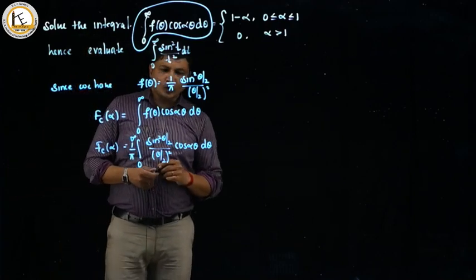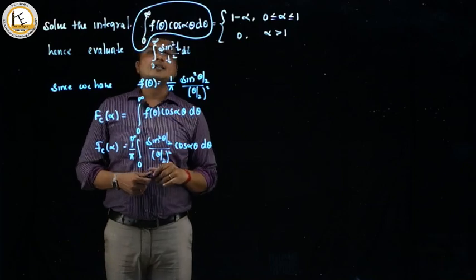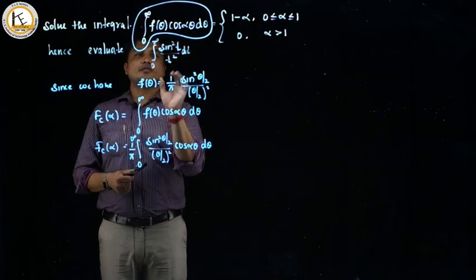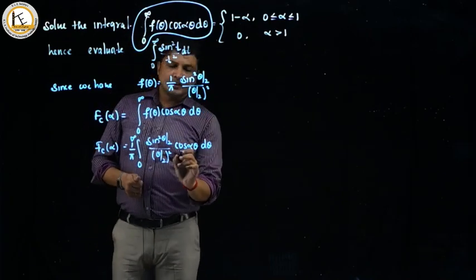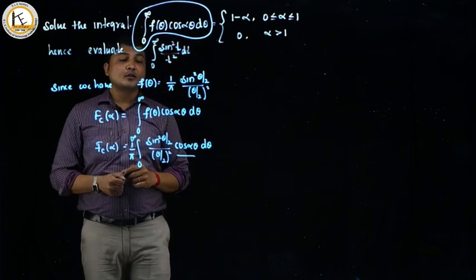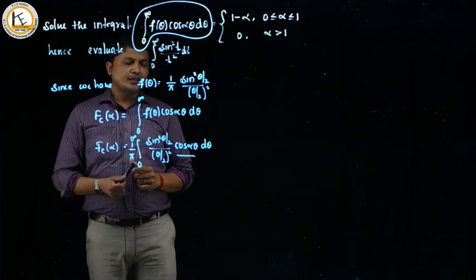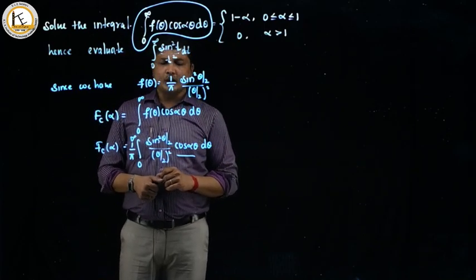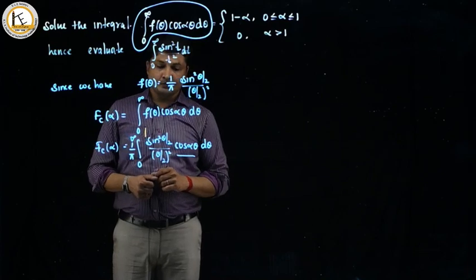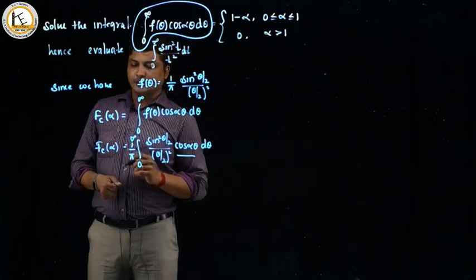When we observe the required integral, it does not have any cos function, but here we have that cos function. Then how to eliminate that cos function? Obviously only one way, we need to make it 1. So how to make it 1? Put alpha equal to 0.